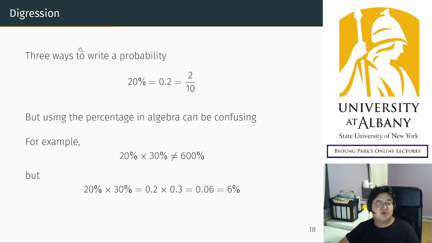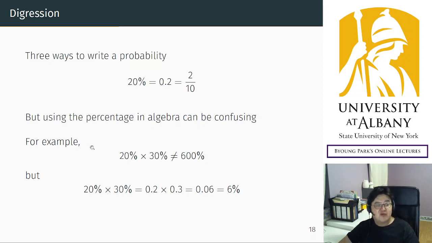It doesn't matter, percentage, fraction, decimal. Using a percentage is a common way to speak about a probability. But I don't recommend using percentage in algebra. It can be confusing because mathematically there is no difference between these three. 20% is exactly the same thing as 0.2.